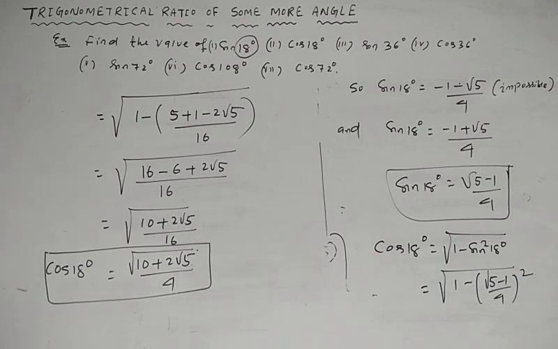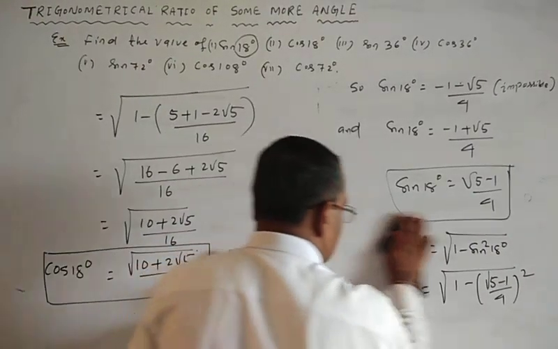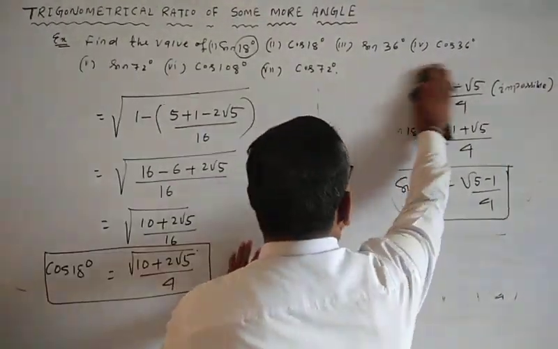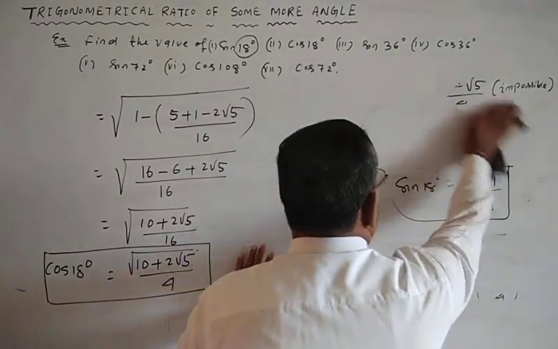Next, to calculate sin 36 degrees and cos 36 degrees. First we calculate cos 36 degrees, then we calculate sin 36 degrees. How to calculate cos 36 degrees?